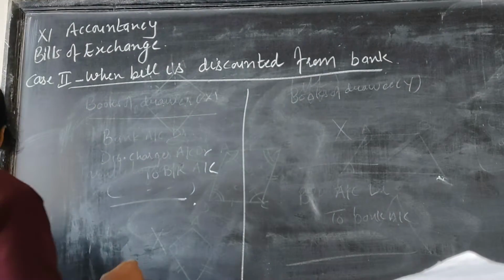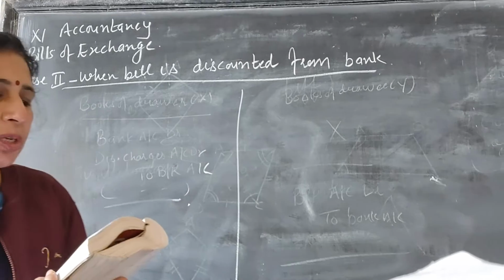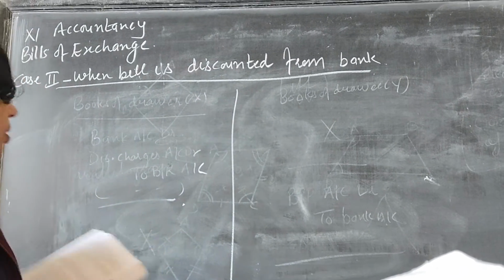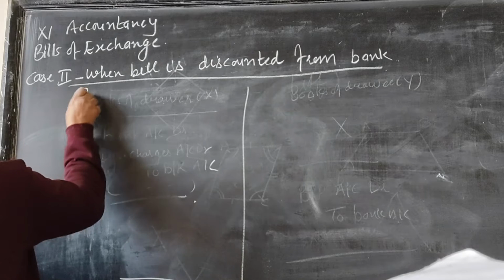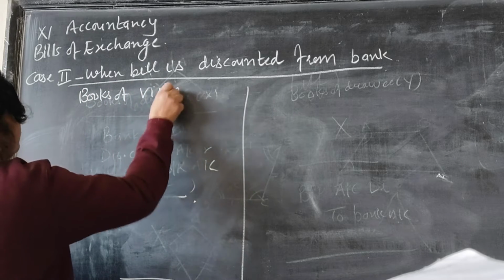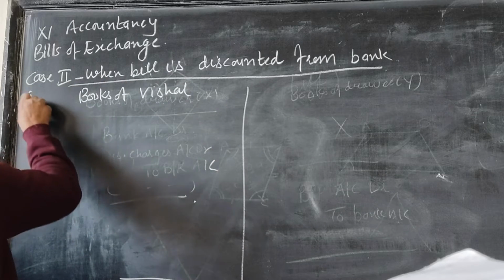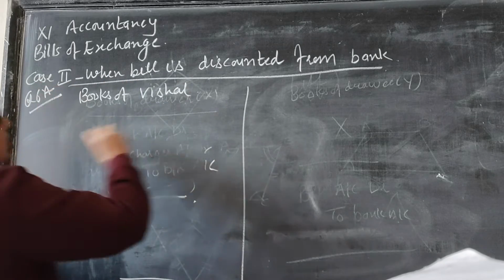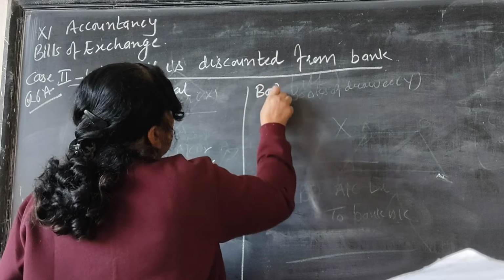So Vishal is the seller of the goods and Manju is the buyer of the goods. First of all we will maintain the books of Vishal and the books of Manju.